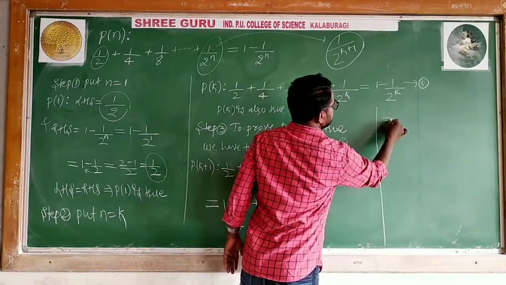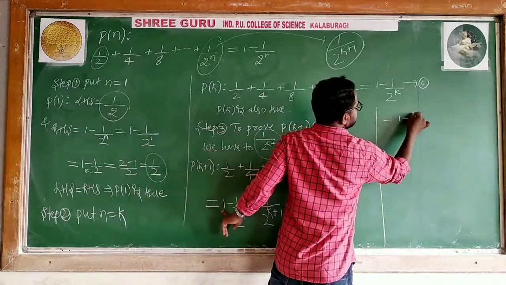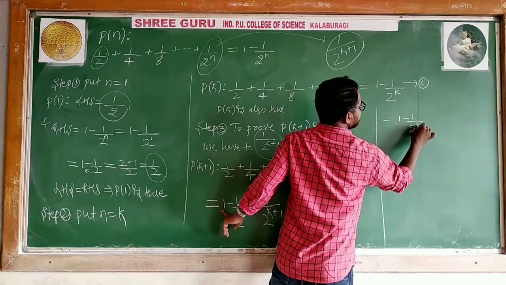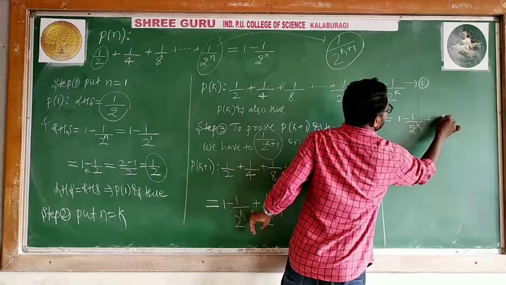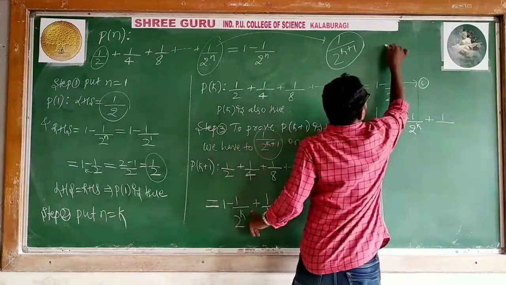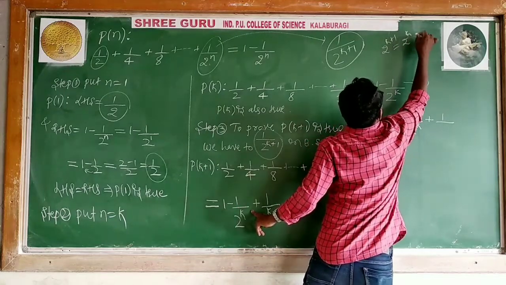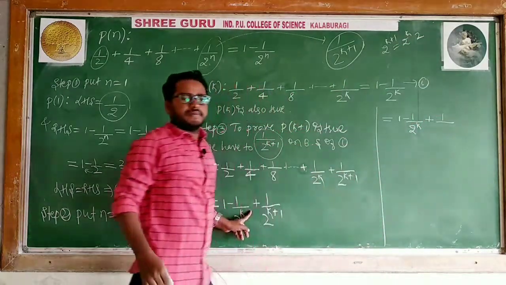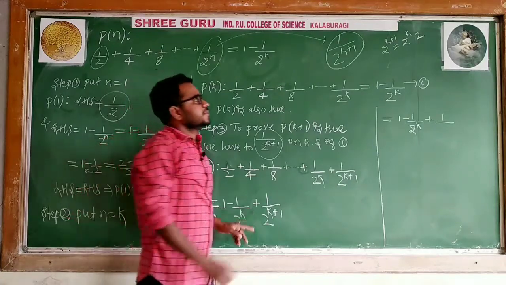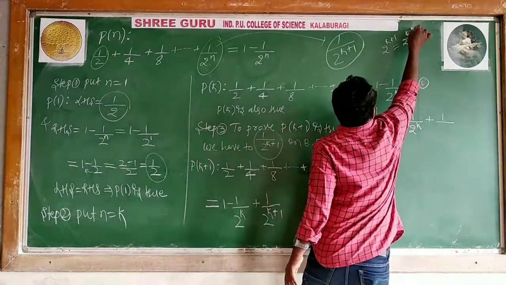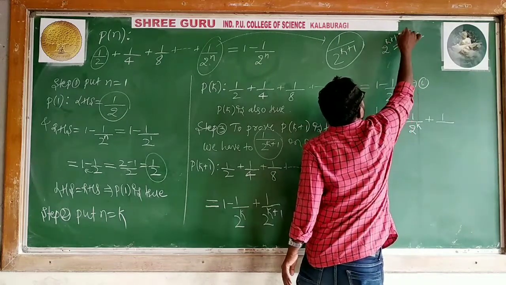What is 1 minus 1 divided by 2 to the power k? Yes. Plus, if it is 2 to the power k plus 1, I can write 2 to the power k into 2 also. Bases are same, powers you can add, or you can split the power. Here I am splitting the power: 2 to the power k, and 2 to the power 1 is 2.